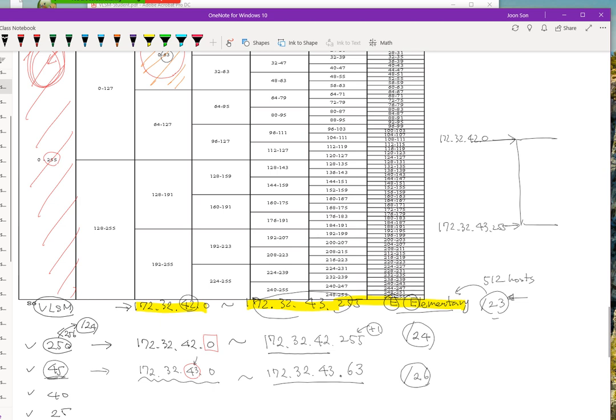And then we know that with the /23, we can have 512 hosts. So that's a given. This is the address space the E elementary school can use.